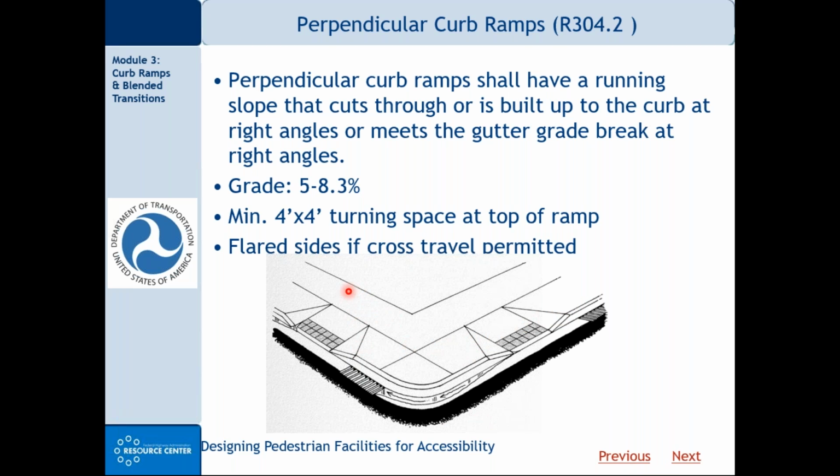And of course, the turning space dimensions depend on what's at the back of the sidewalk. If this is grass back here, we can use a 4x4 foot turning space. If this is a storefront or a curb or some other obstruction or constraint like that, then it needs to be a minimum of 5 feet in the direction of travel.